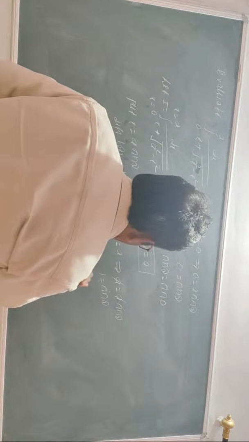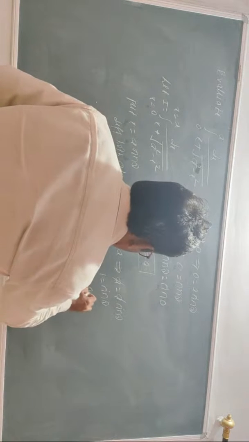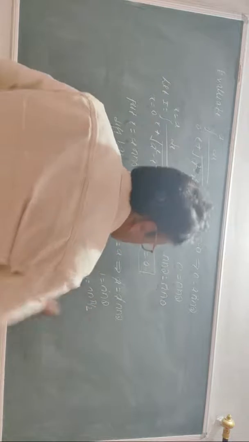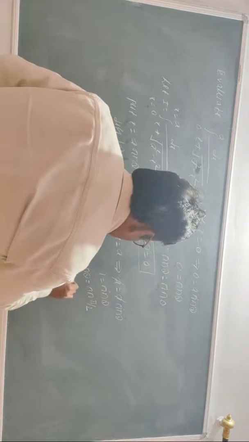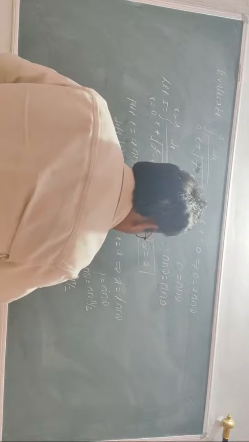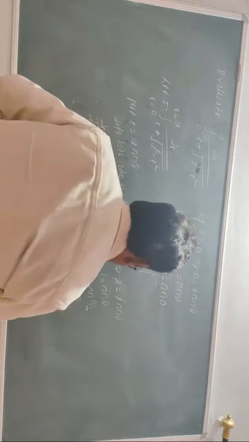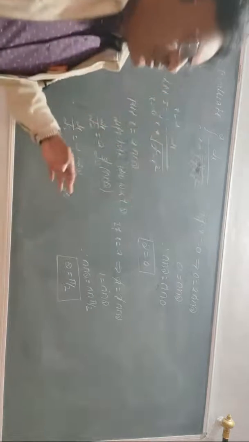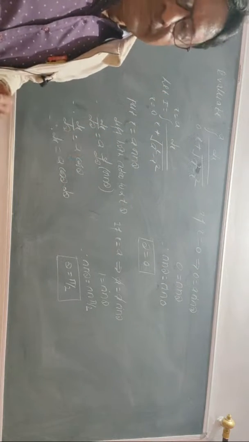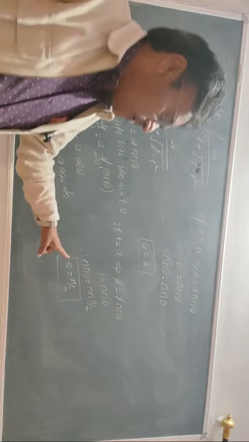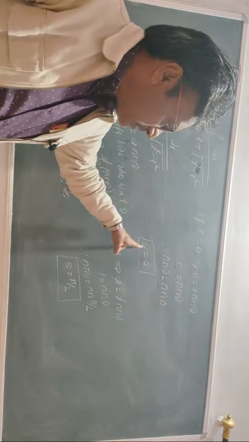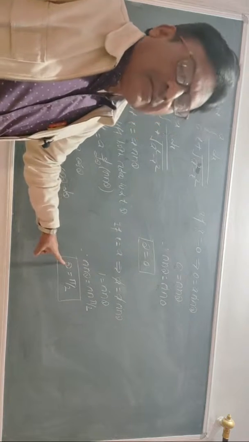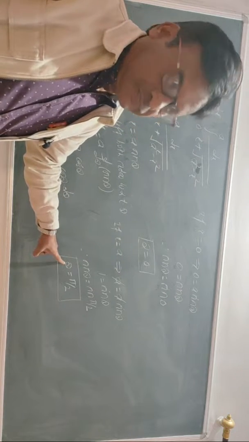Therefore sine theta equals sine pi by 2, then theta equals pi by 2. This is the new upper limit. Remember this: lower limit theta equals 0, upper limit theta equals pi by 2.